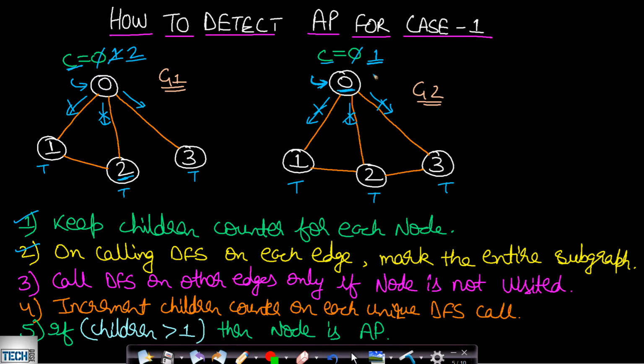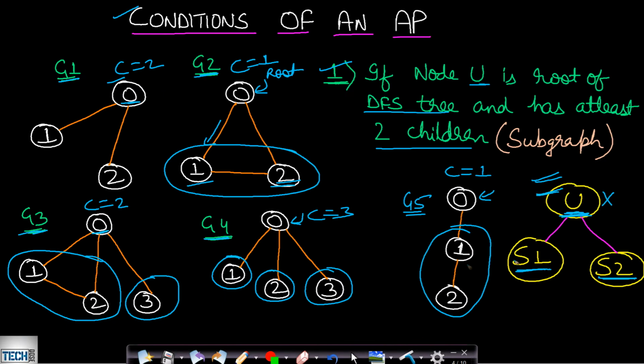So the number of children does not mean the number of outgoing edges from a given root node. This is one concept to remember, and this is how we find the number of children. Now once you find the number of children for a given root node, we will see if the children count is greater than 1. Because if the children count is greater than 1, then on removing this root node, we will be disconnecting the components like I have shown in this case.